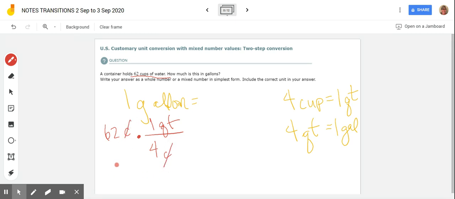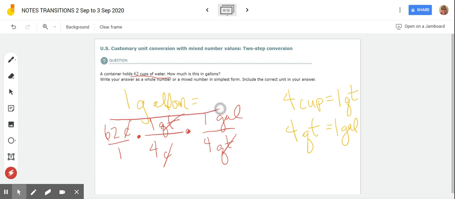You cancel your cups. Now we have quarts. Okay, I'll put that over 1. And then we know that there are 4 quarts in 1 gallon, and we have reached a gallon. Cancel the quarts, and look, we're left with gallons.